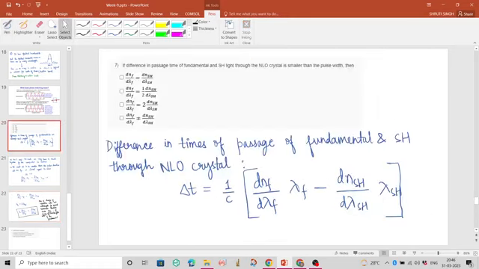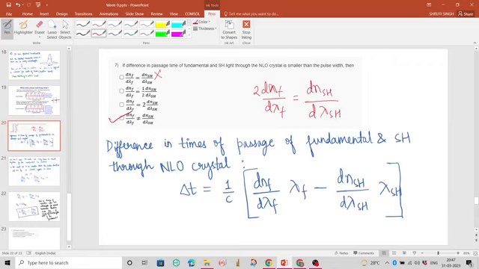So let's see what's given in the options. It's given dnf by d lambda f is equal. So we didn't get the condition like that. It is not equal, so it is unequal, correct? So this option will be true. And now we have to see the factor. We got the expression 2 dnf by d lambda f is equal to dnsh by d lambda sh.